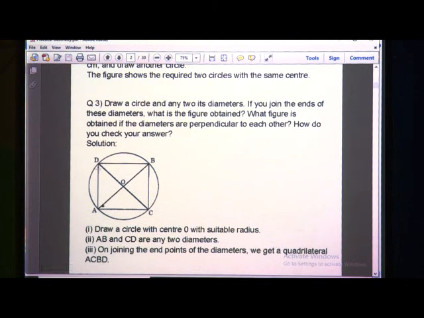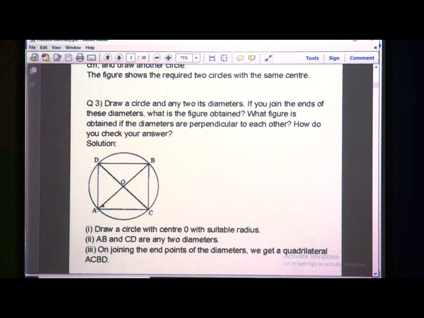Now, after drawing these diameters, we have just joined its end points from D to B, B to C, C to A and A to D, and after joining this we got a quadrilateral ACBD.